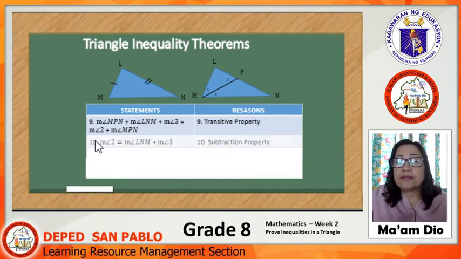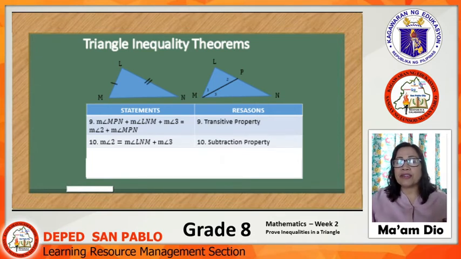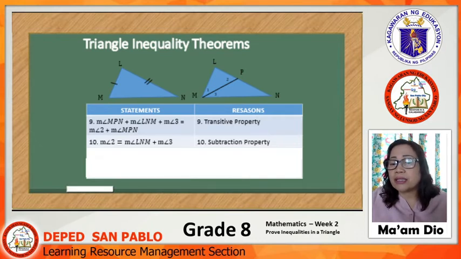Next, for statement number 10, we can then now say that the measure of angle 2 is equal to the measure of angle LNM plus the measure of angle 3. What happened? Because by the subtraction property, the measure of angle MPN is equal to the measure of angle MPN.